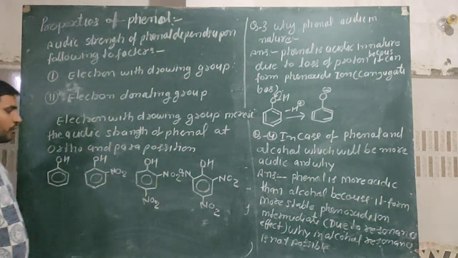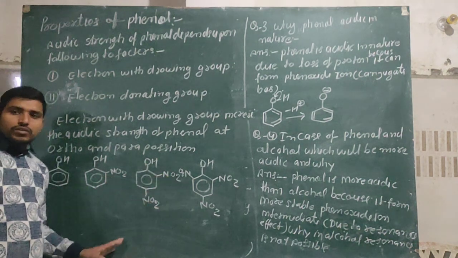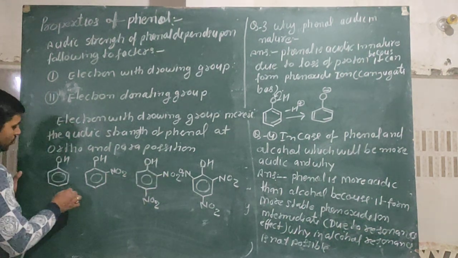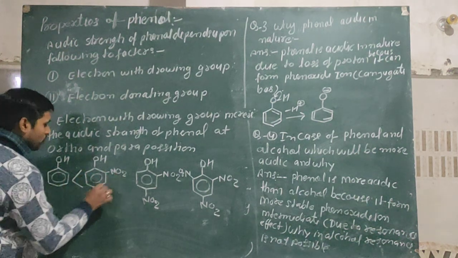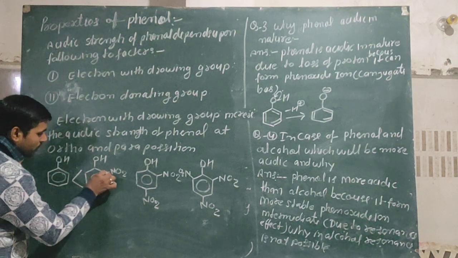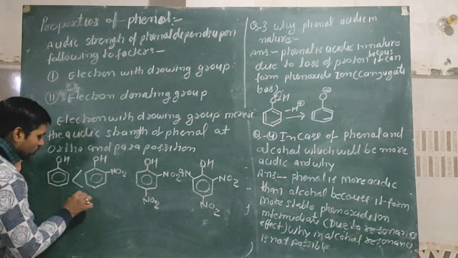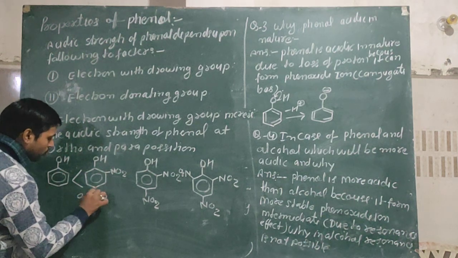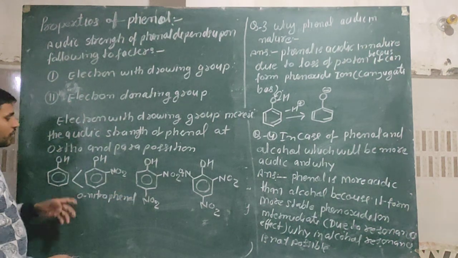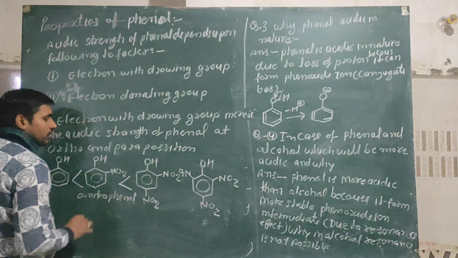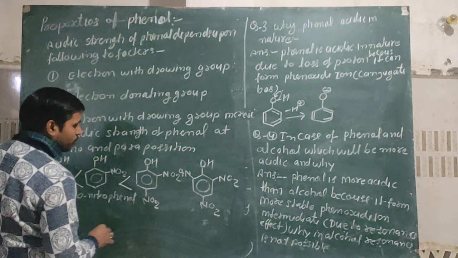Okay, if we explain the acidic behavior, then as the number of electron withdrawing groups increases, phenol is less acidic than orthonitrophenol. This position is ortho, this is meta, and this is para. Orthonitrophenol is also less acidic than ortho and para-nitrophenol.